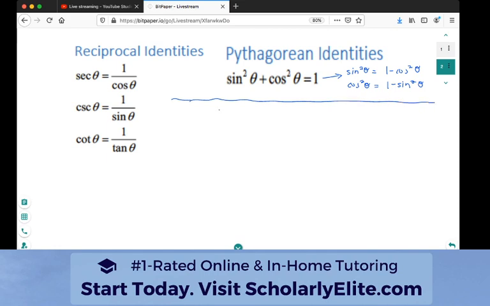So in this simplification, say our teacher asked us to simplify the following. It would look something like 1 minus sine squared theta, and this is the easier one I was just mentioning, over sine squared theta. Remember how I said this Pythagorean identity is your number one guy?